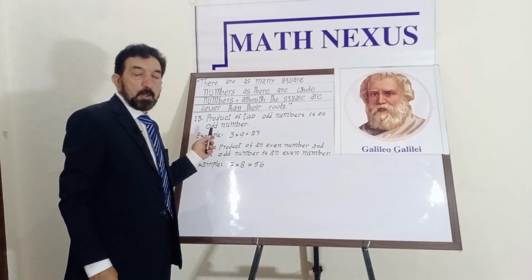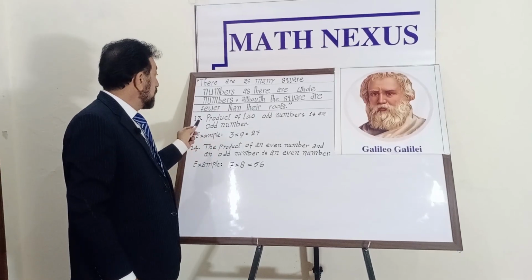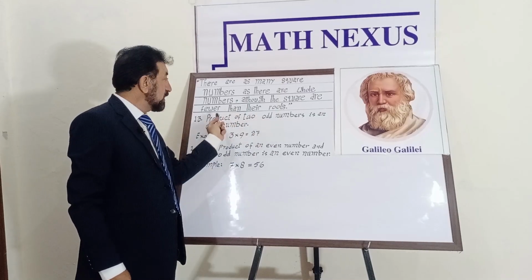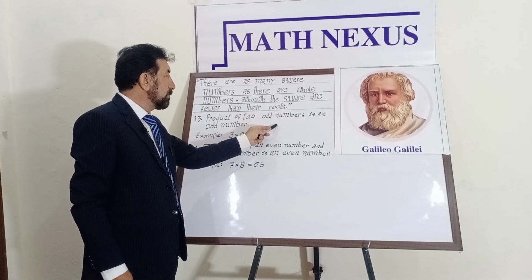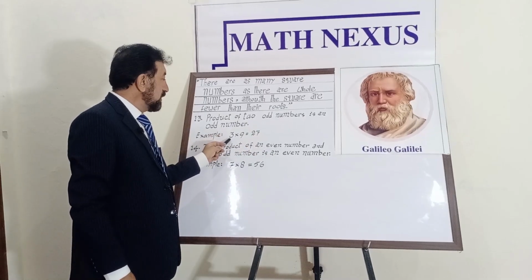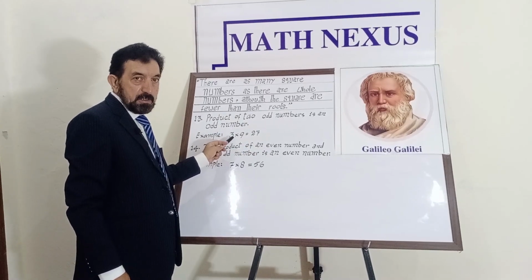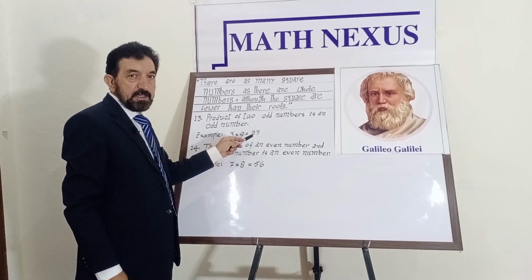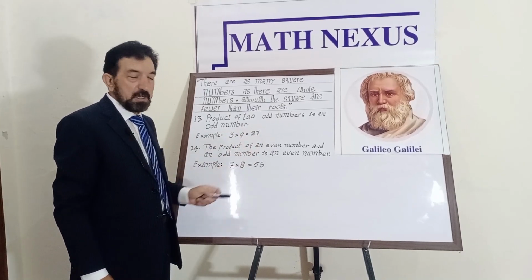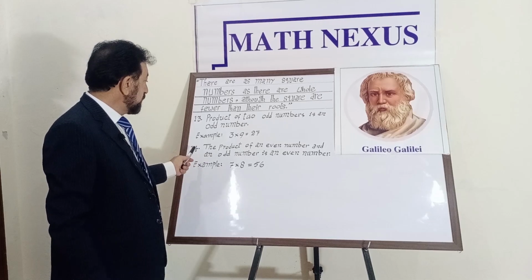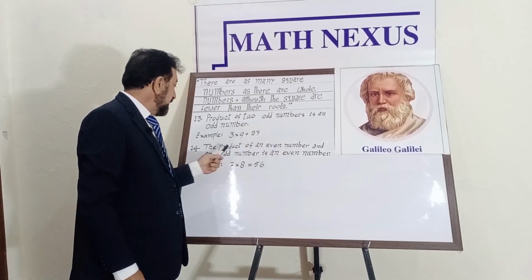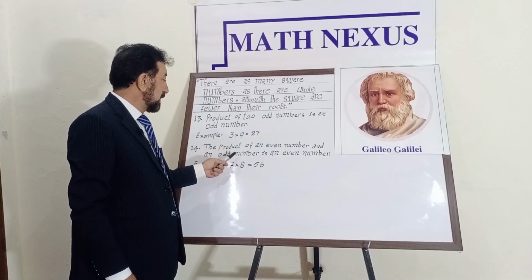Rule or property number 13, product of two odd numbers. The product of two odd numbers is an odd number. 3 is odd, 9 is odd, and their product is 27, which is also an odd number. 14, the product of an even number and an odd number.